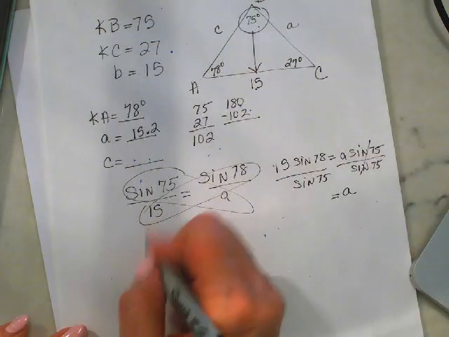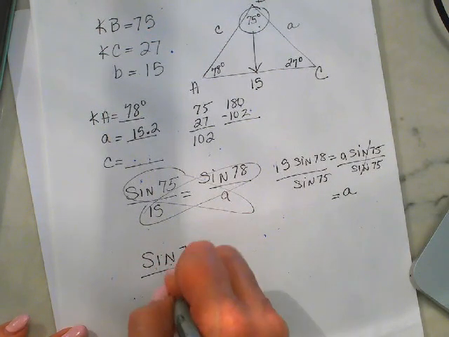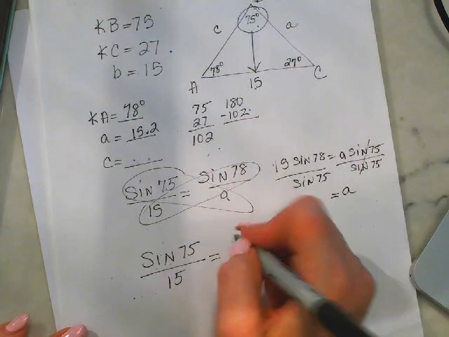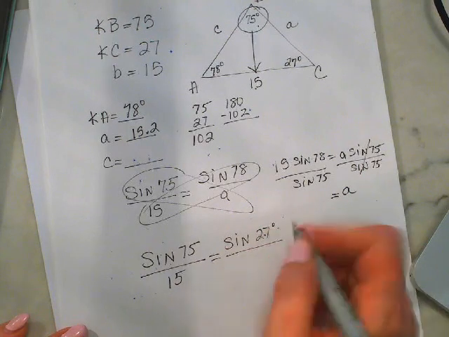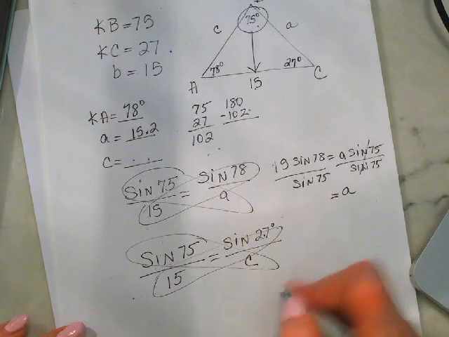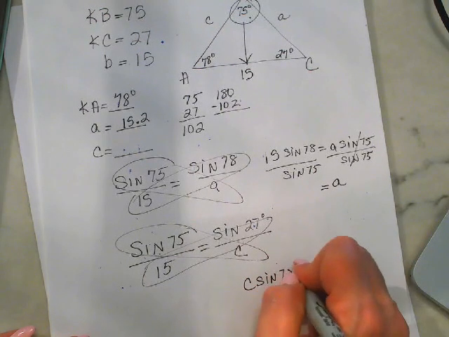Okay? So now I'm going to find for side C. Again, I'm going to use that B ratio because I have it. Why not? Sine of 75 over 15 is equal to, now I'm going to use 27 in C. Sine of 27 degrees to little c. Again, cross products.